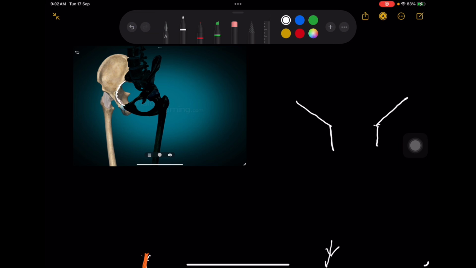So, this pelvic rim separates the false pelvis and the true pelvis. Now, from anterior superior iliac spine to the pubic tubercle is a ligament which is called the inguinal ligament.